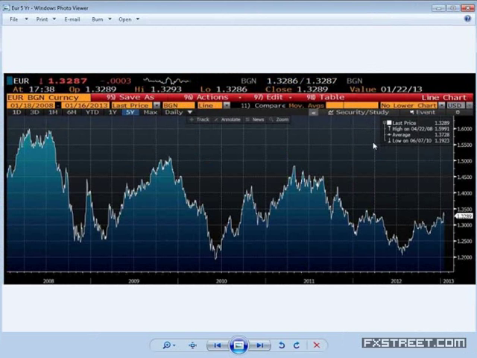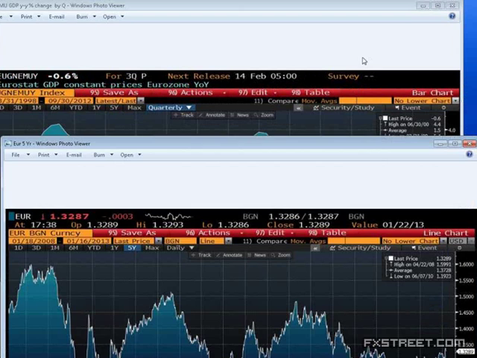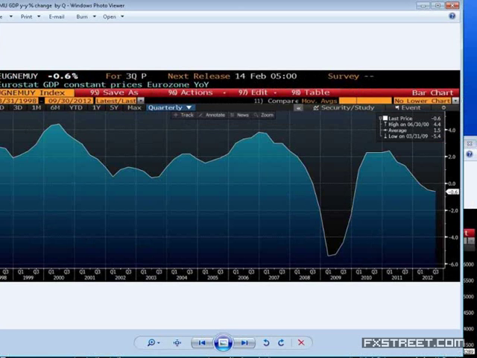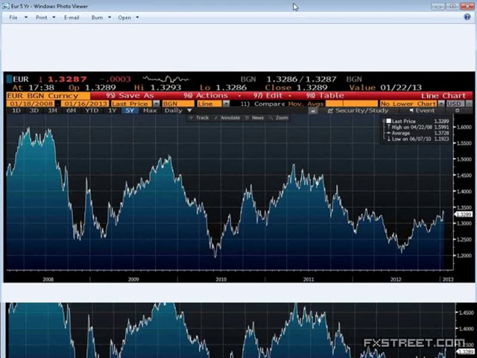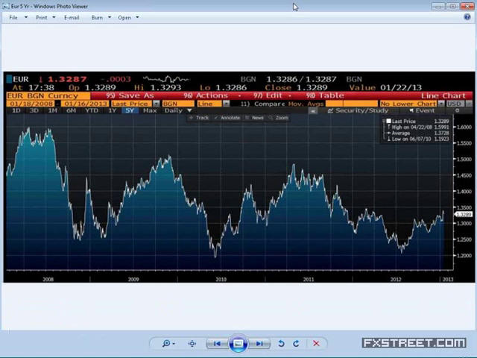You had also a correlation between the decline in the European GDP and the decline in the euro. Now, the interesting factor here is that these are not directly related. Normally, this is the kind of chart you would see correlated with a decline in GDP, expecting that the central banks will reduce rates to boost the economy.